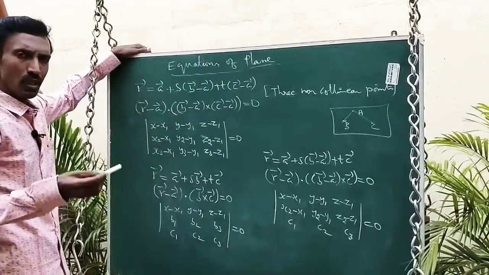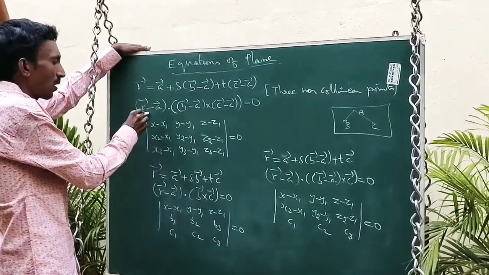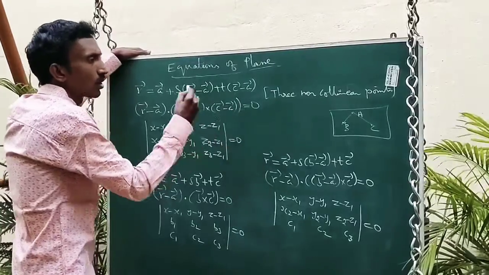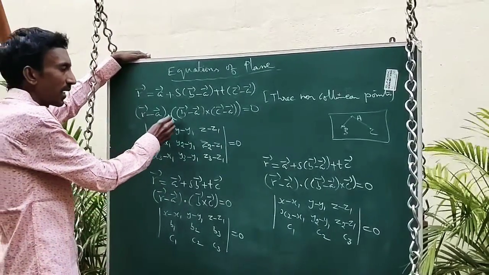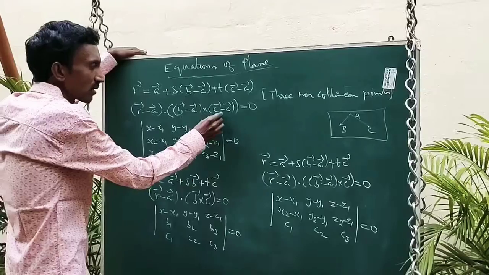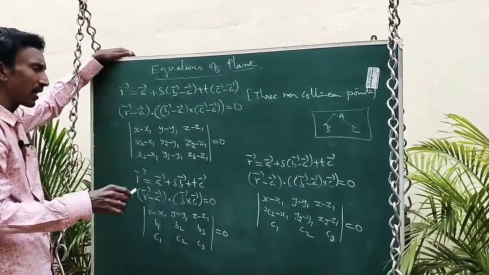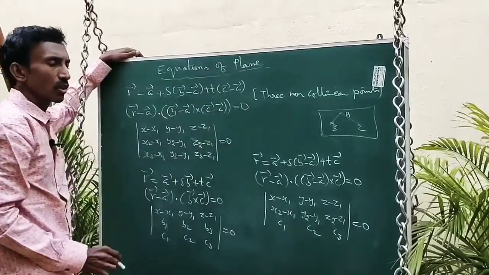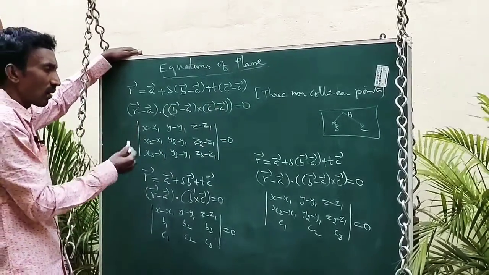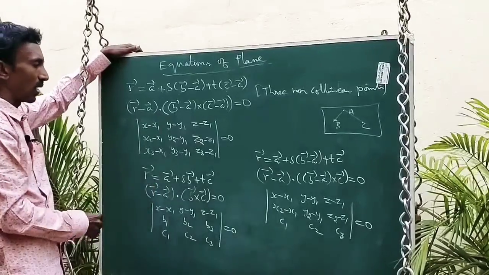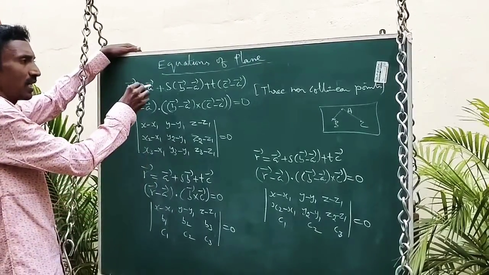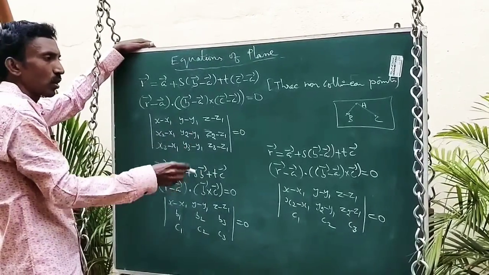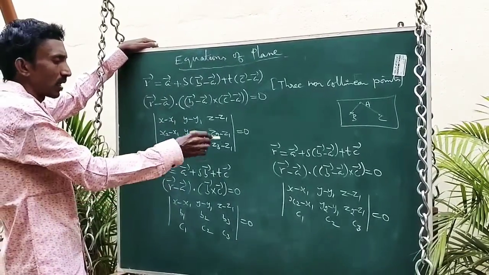Second one, the non-parametric form. (R minus A) dot (B minus A) cross (C minus A) equal to 0, or we can write this as a box product: [R minus A, B minus A, C minus A] equal to 0. Next, the third form, the Cartesian form of the plane equation. The point A is (x1, y1, z1), the point B is (x2, y2, z2), and the point C is (x3, y3, z3).